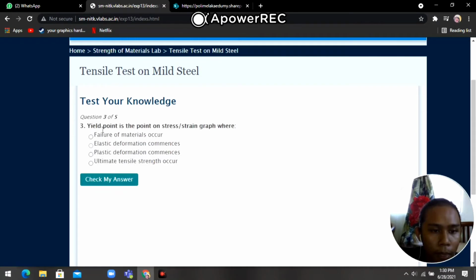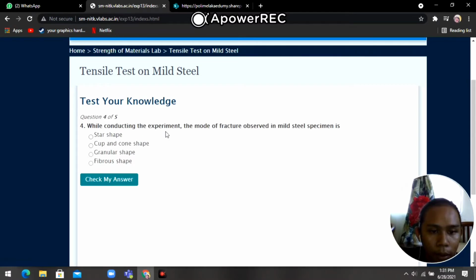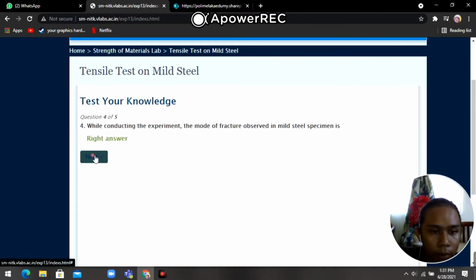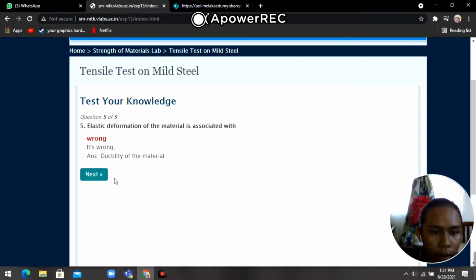By conducting the experiment, the mode of fracture observed in mild steel specimen is. The deformation of the material is associated with hardness of the material.